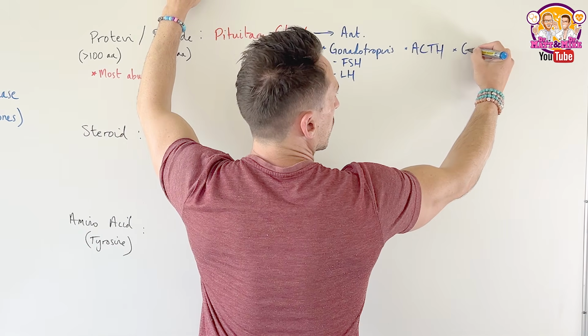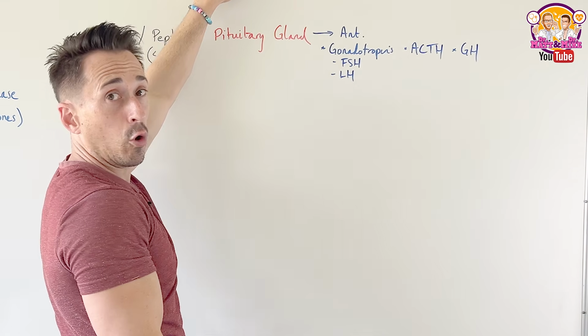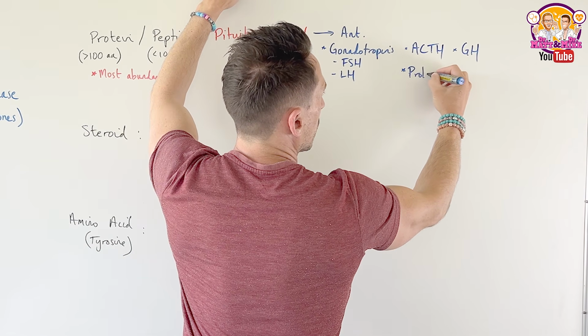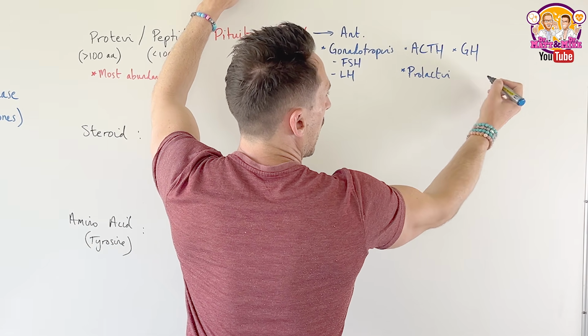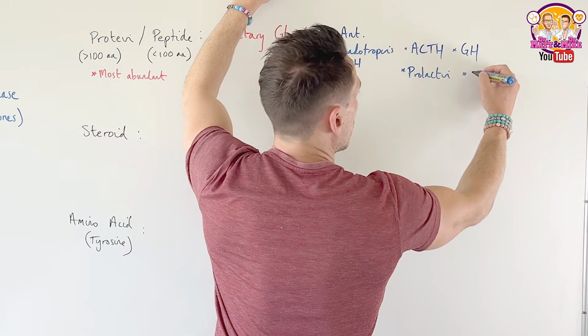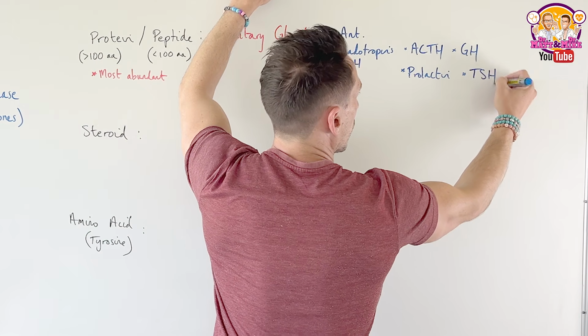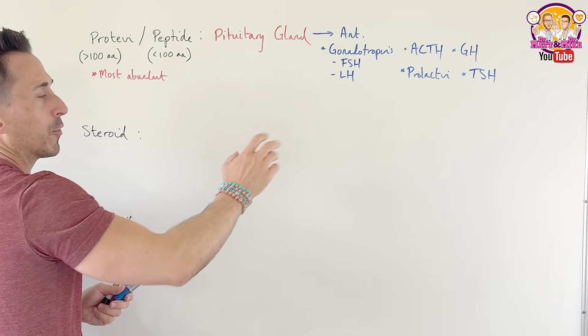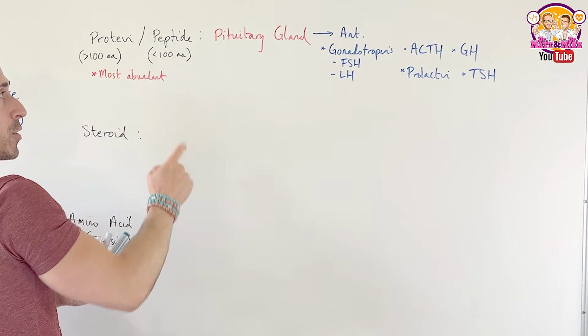We've got growth hormone. We've got prolactin. And if we have a think about the last one, thyroid stimulating hormone. So these hormones from the anterior pituitary are protein or peptide based.